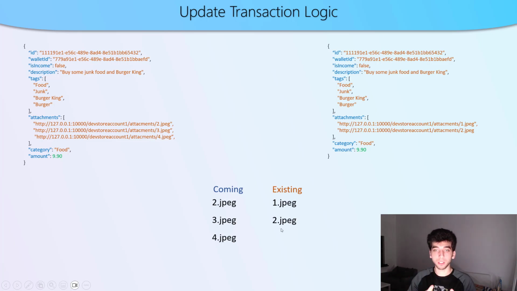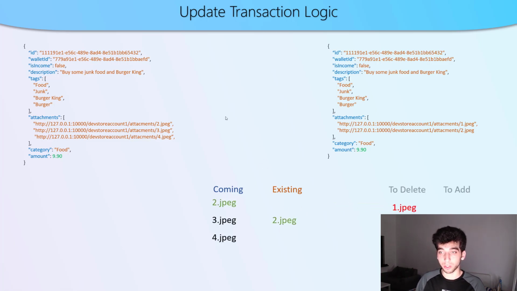The first step we need to do is to determine what attachments to delete and what attachments to insert. So we will start first with the ones to delete. How can we define that? Basically, the attachments to delete are every attachment that's currently existing in the document inside the database, but not existing in the DTO. That means the client is not interested in this document anymore, and we need to remove it.